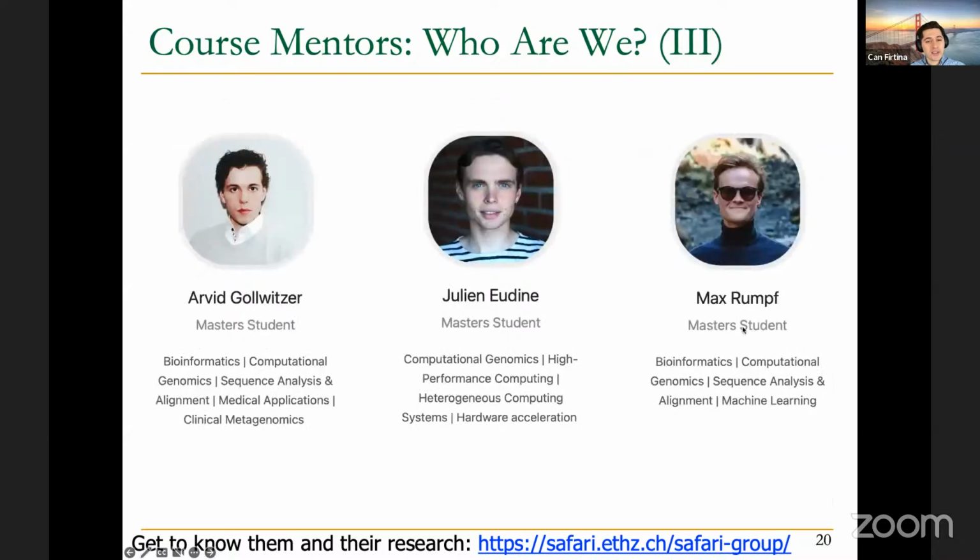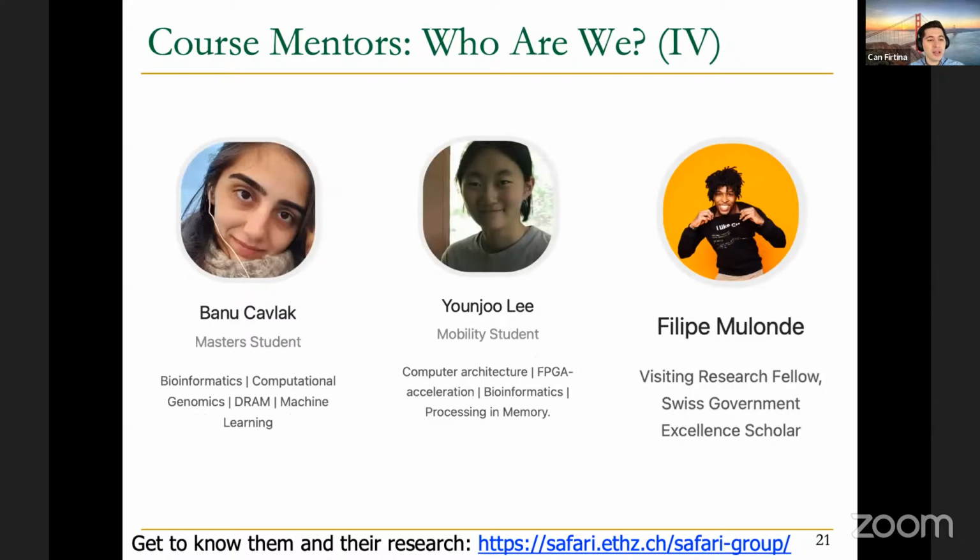We also have some master's students who can be your mentors. For example, we have Arvid, we have Julian, and we also have Max. We also have Banu as one of our master's students, as one of your potential mentors.